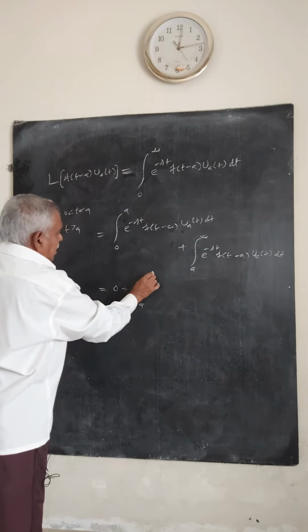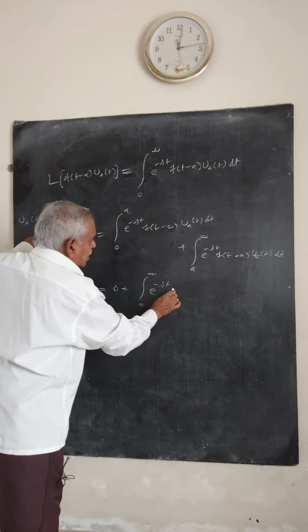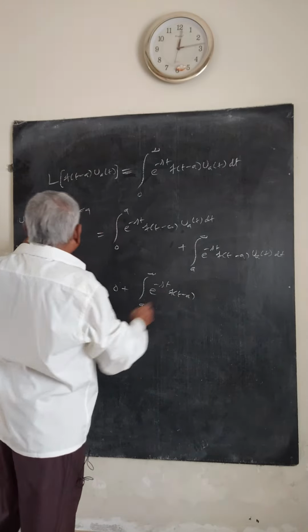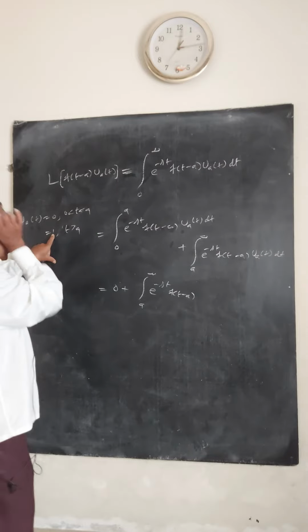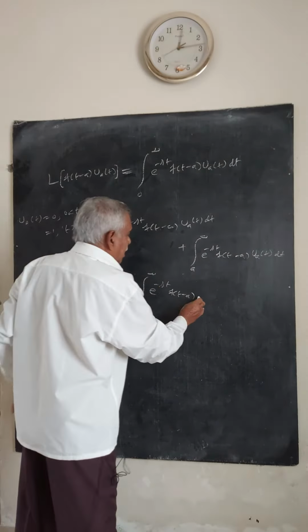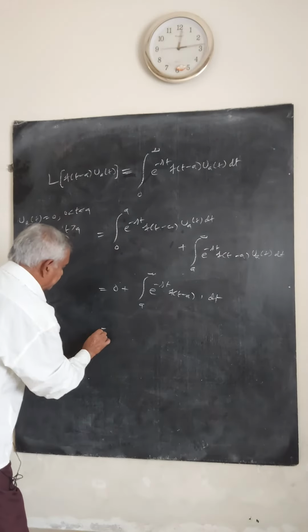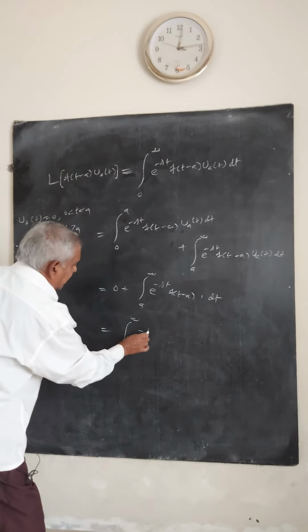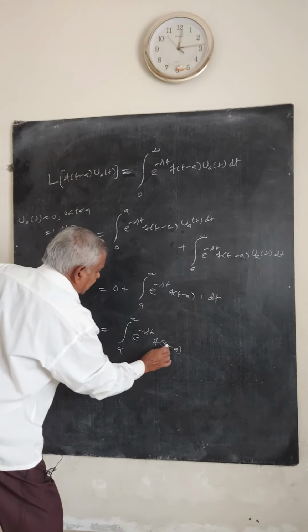And from a to infinity, u_a(t) is 1, for t greater than a. So we get the integral from a to infinity of e^(-st) f(t minus a) dt.